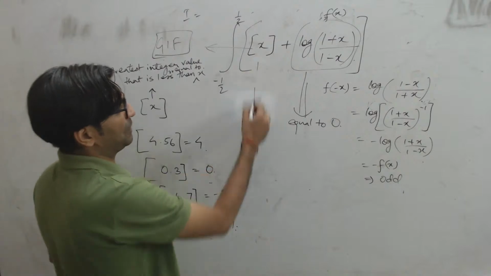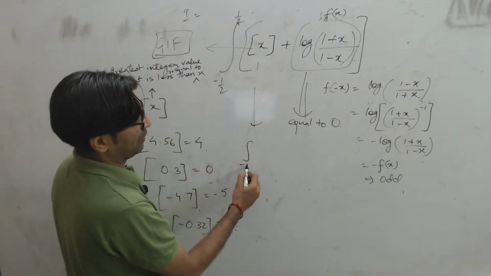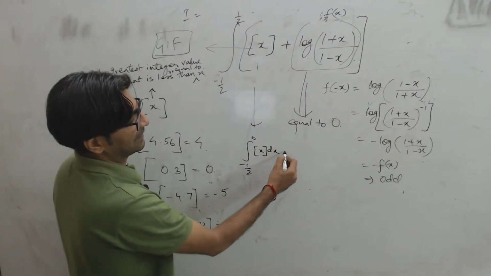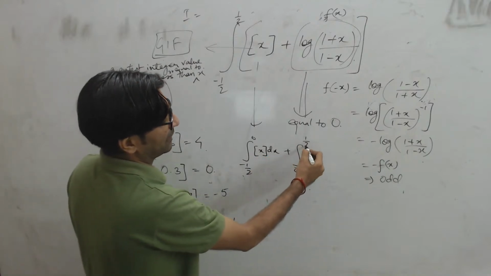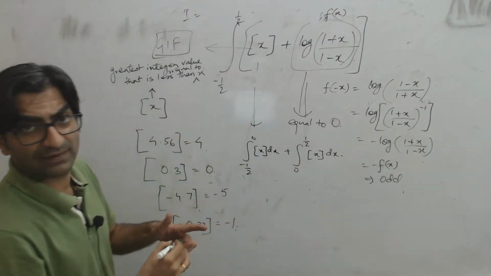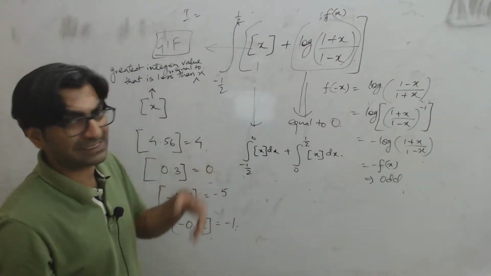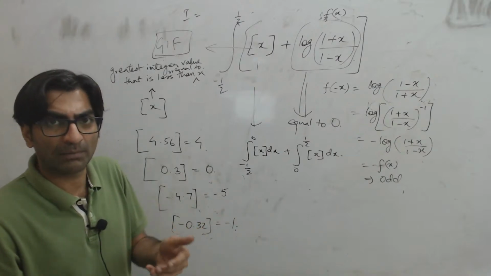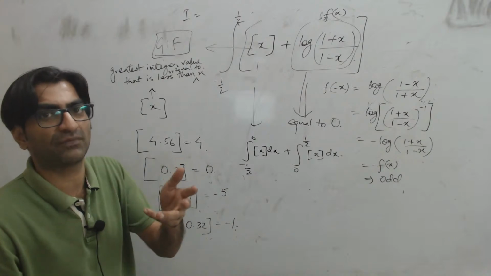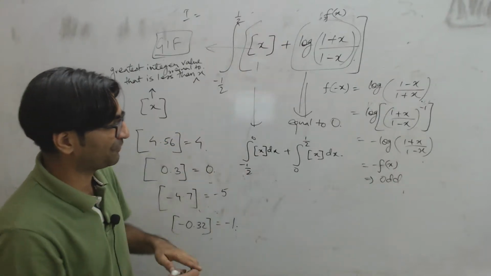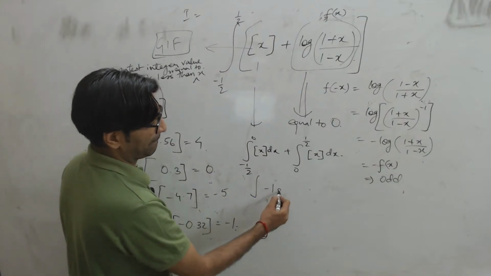So I basically split this into integral of minus half to 0 GIF of x dx plus integral of 0 to half again with GIF of x, right? So when x lies between minus half to 0, take values, minus 1 by 2, then minus 1 by 3, then minus 1 by 4, then minus 1 by 5, and so on and so forth till you reach 0. For all of those values, the GIF will take minus 1.